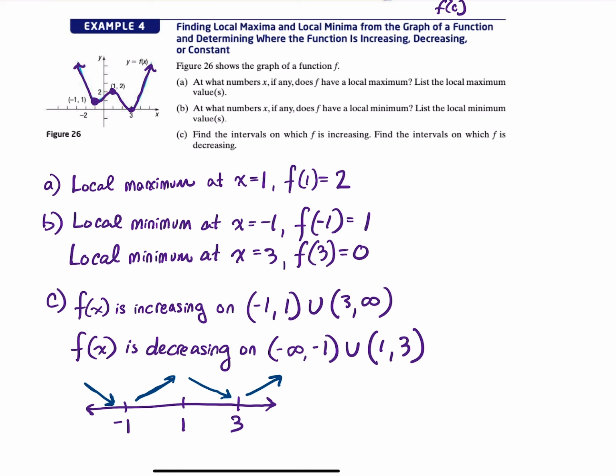Those are points you would want to know about. Where is it going to change behavior? Especially if this is some kind of financial thing. Where am I going to go from losing money to increasing money? Or what's the maximum point that I probably want to sell at? Because after that, the value is going to go down. So just to give some examples.